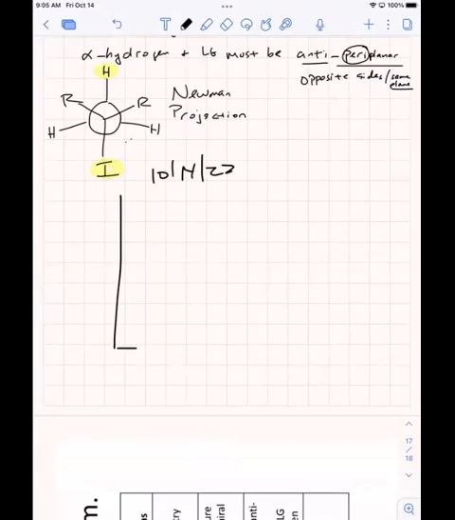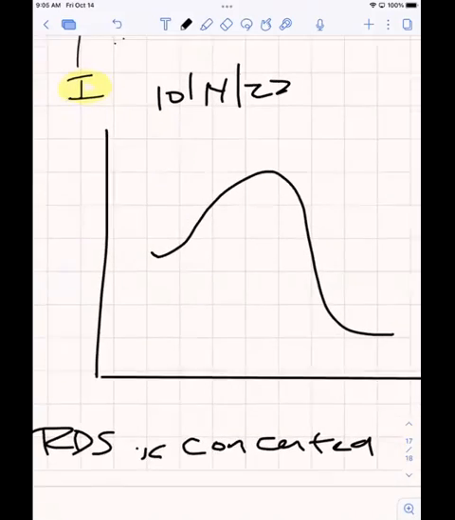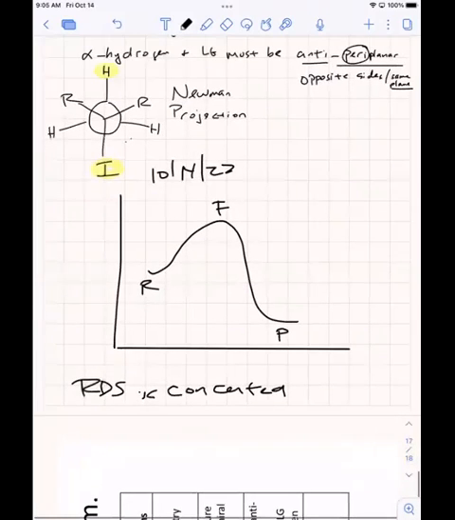We need to think about the energy diagram, right? So for the E2, the rate determining step is concerted. What that means is that just like the SN2, you go from reactants to products through a transition state with no intermediates.